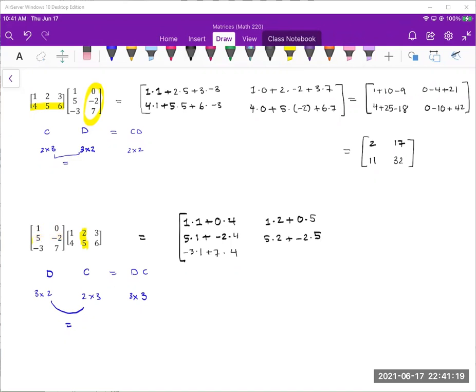The row 3, column 2 entry is going to be negative 3 times 2 plus 7 times 5. Right, and we have one last column to do. So we're taking the product of this matrix with column 3, which is entries 3, 6.